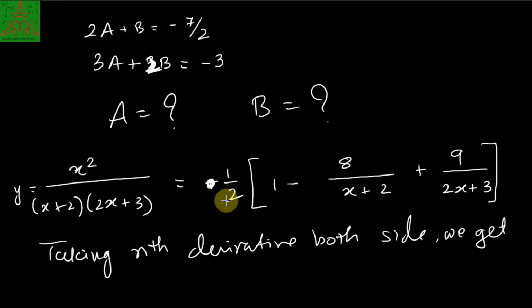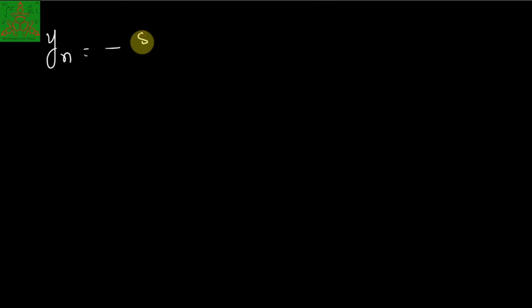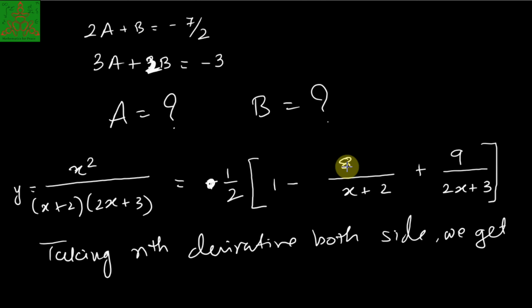So if you multiply 1 by 2 to this side, and if I take the nth derivative, then 8 is already there. 8 by 2 is the constant quantity that I can take out. So we'll have yn, which is minus 8 by 2, and then the derivative of 1 upon ax plus b. And we have the formula for y equal to 1 upon ax plus b.